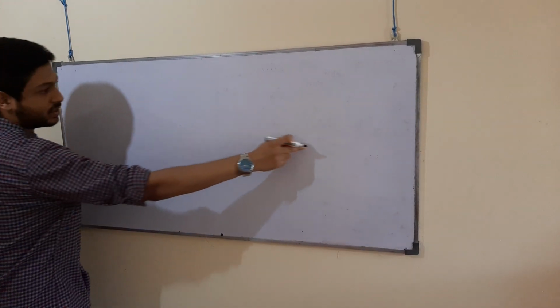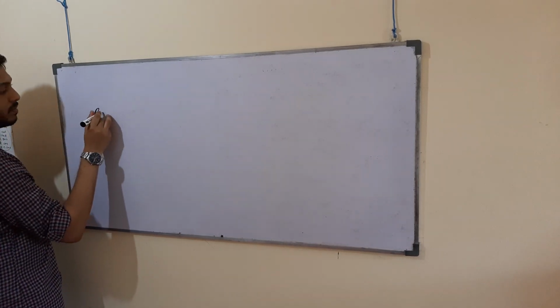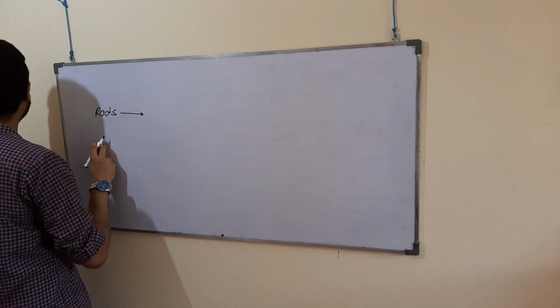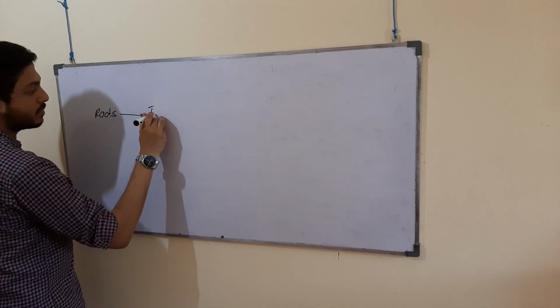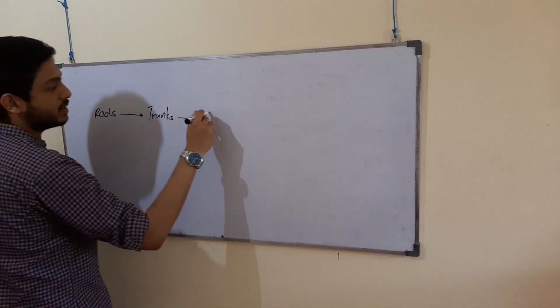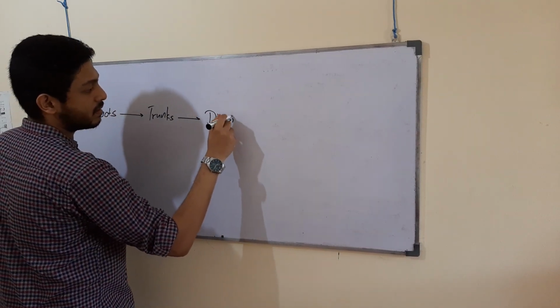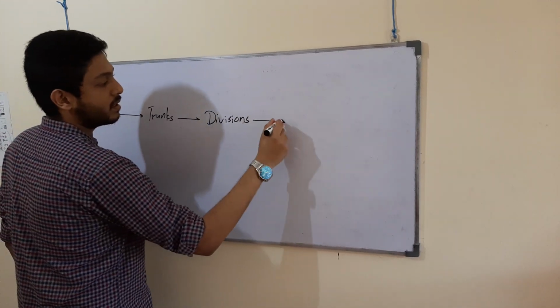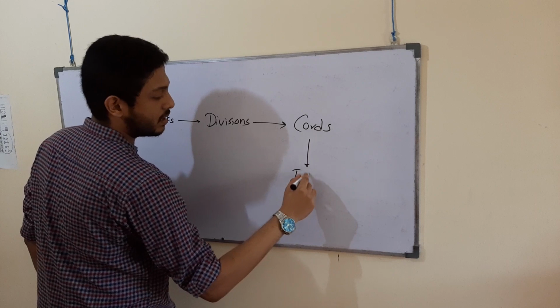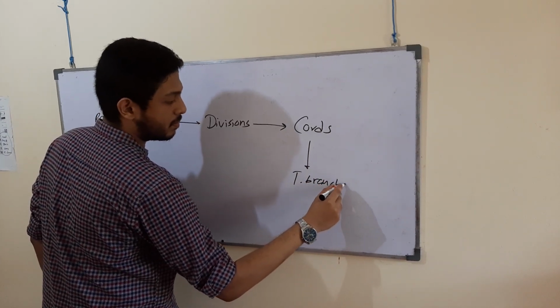Now there is a structure of each and every plexus which starts from the roots, continues on to the trunks, then to the divisions, then to the cords, and finally into the terminal branches.